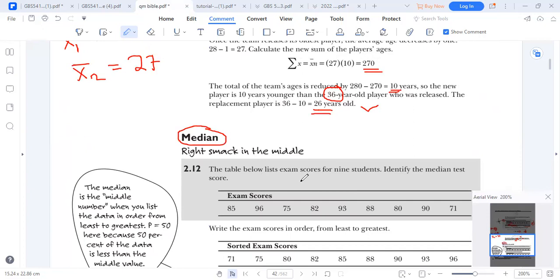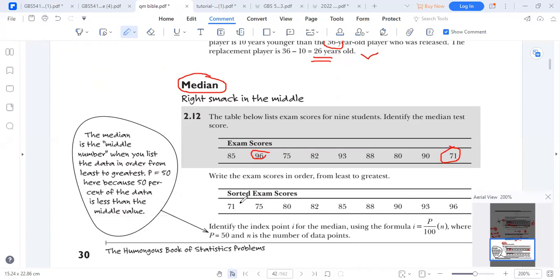We have a table here that has 9 scores. You arrange from the smallest to the biggest. The smallest is 71 and the biggest is 96. So you rearrange them in ascending order like this.